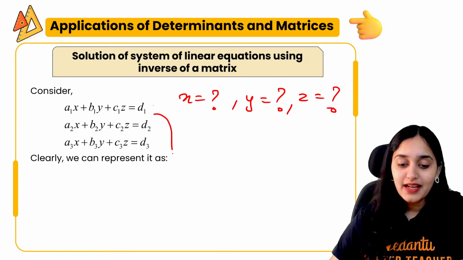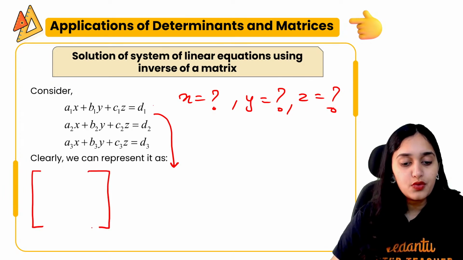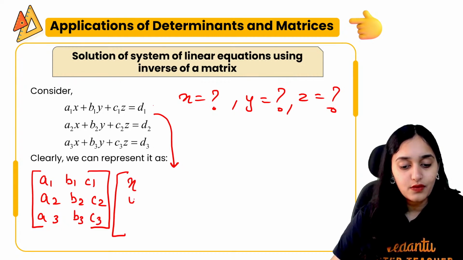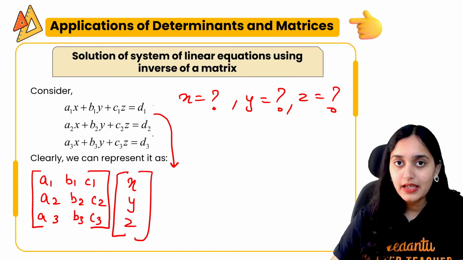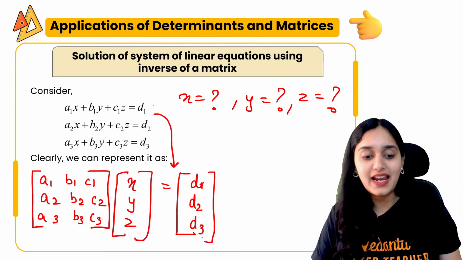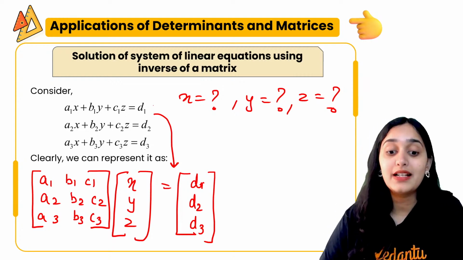We can represent this as product of two matrices A1, B1, C1, A2, B2, C2, A3, B3, C3 multiplied with X, Y and Z will give you the equations, and on the right hand side you will have D1, D2, D3 matrix. Right? So this is product.